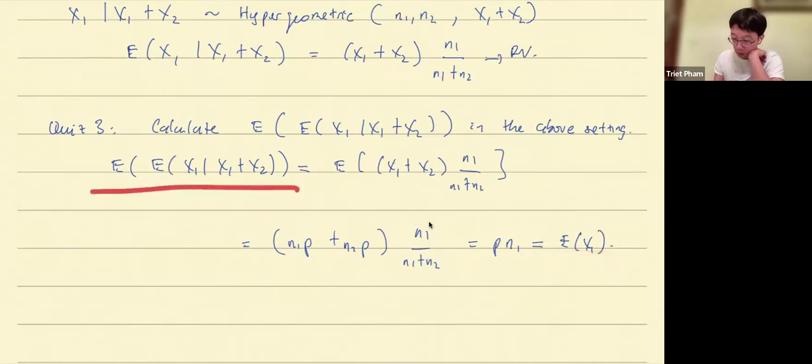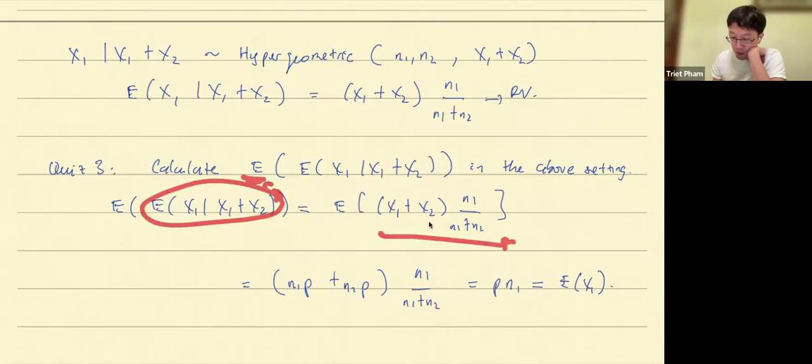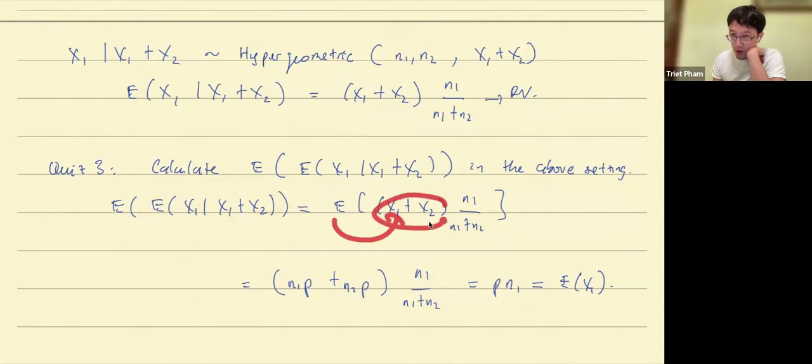But at least this shows you that this works in principle and how the different layers work: the inner layer of the expectation, the conditional expectation, which becomes a random variable, and then how the outer layer, which is this, will operate on what is being conditioned on to give you a number.